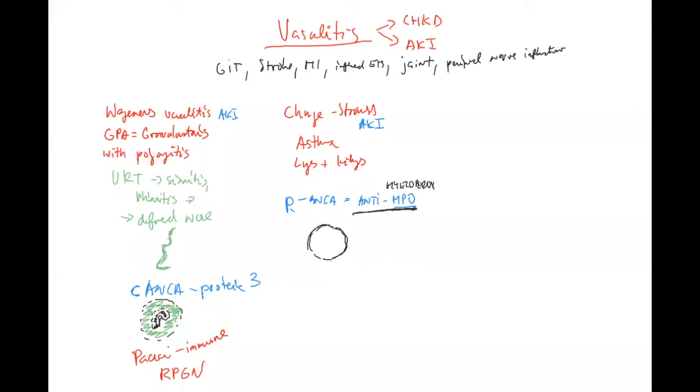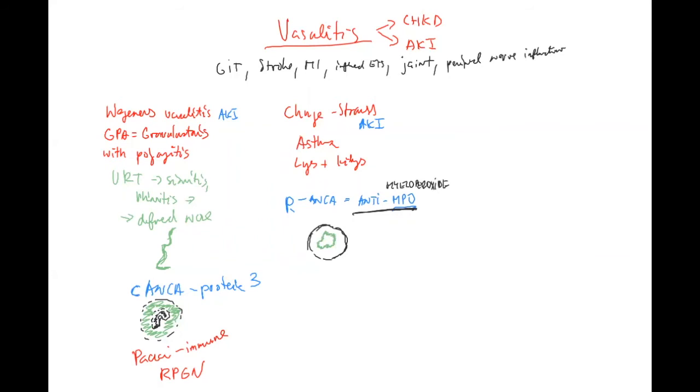So if you take the blood of the patient and you mark the antibodies, or use antibodies against this antibody, and you mark it with a fluorescent agent, you will see not cytoplasm, but exactly the borders of the segmented nucleus.